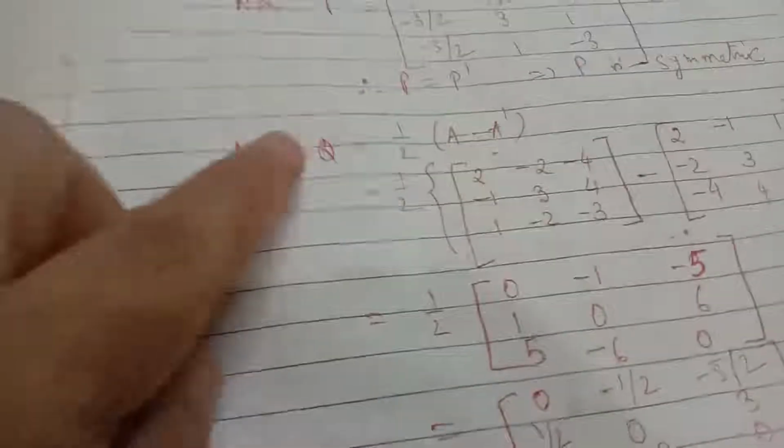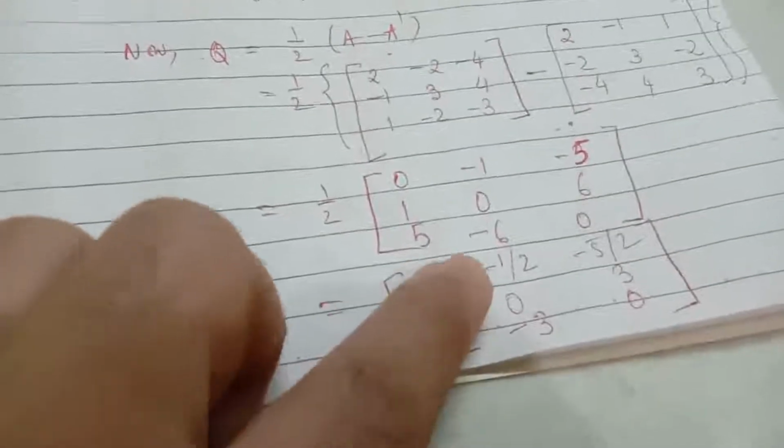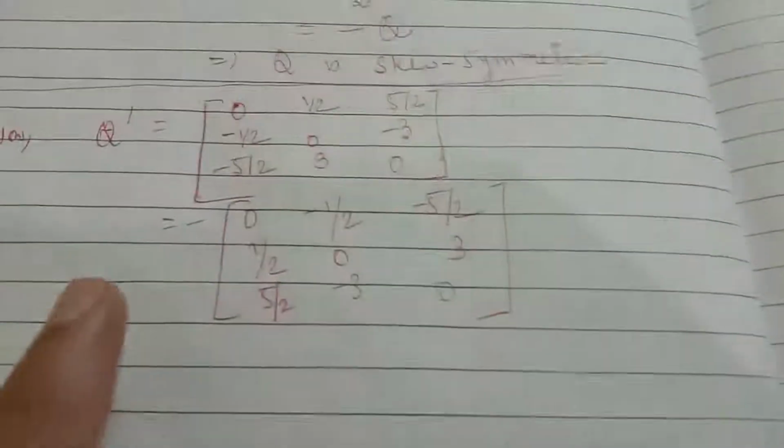Now you can see this is our Q. The matrix Q is equal to this: 0, minus half, minus 5 by 2. Second row is half, 0, 3. Third row is 5 by 2, minus 3, 0.